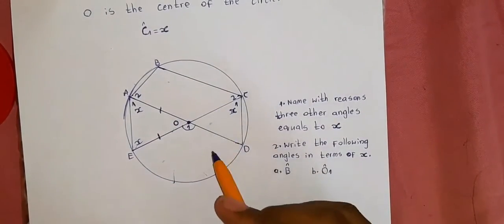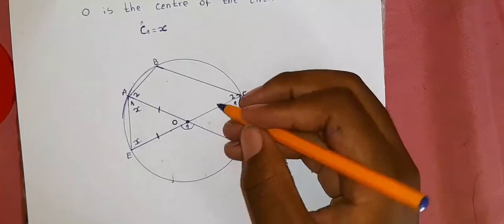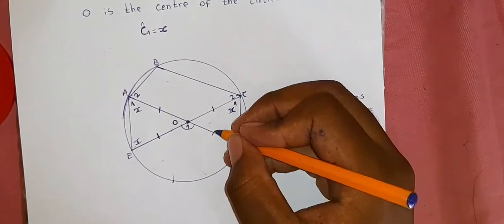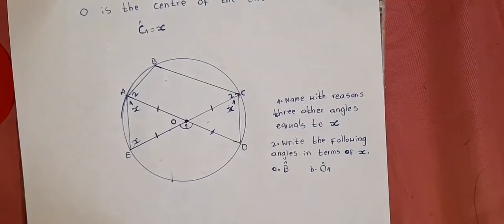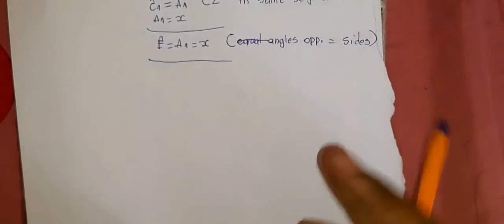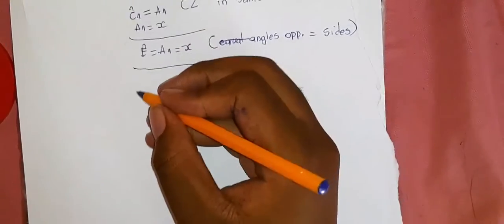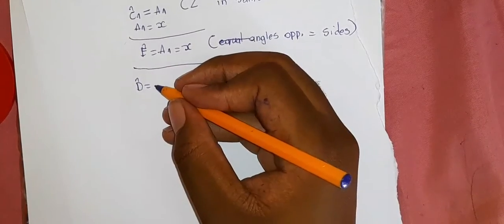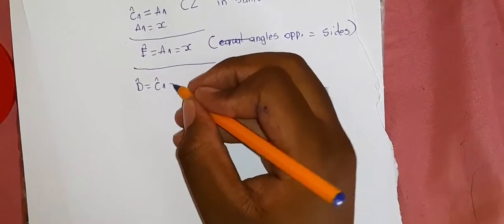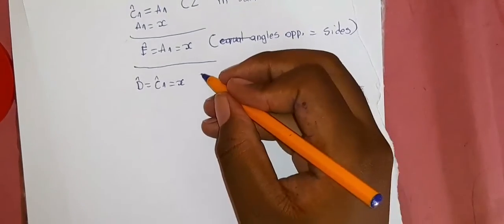Also let's look at the other side. If this is a radius and this is a radius, that means these angles here are equal. So we can say angle D is equal to angle C1 is equal to x.